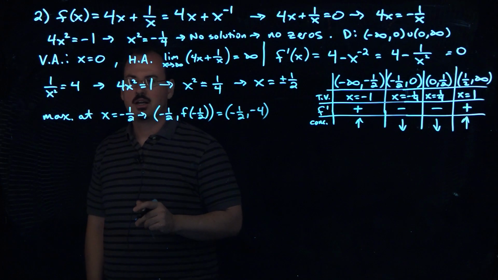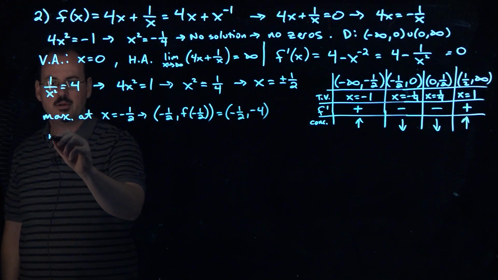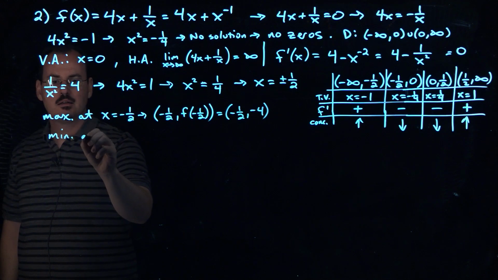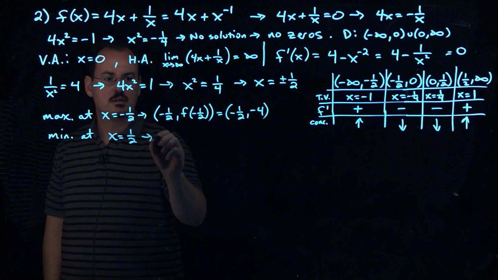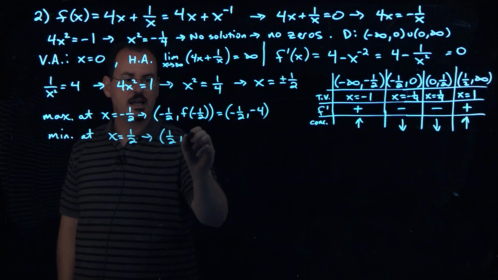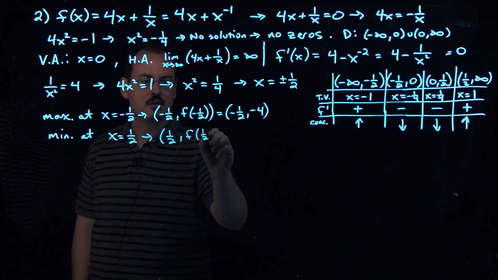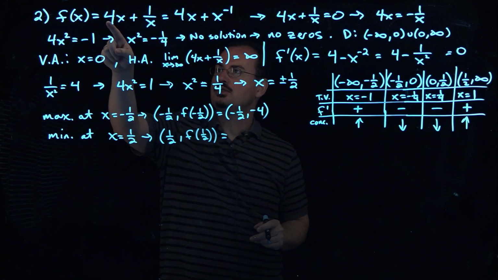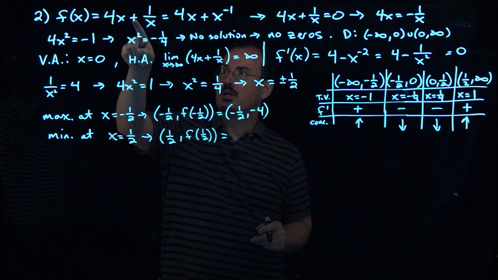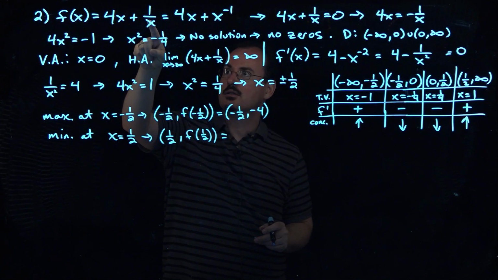Now I've got a minimum then at x equals +1/2. So I'm going to have 1/2, and then again f of 1/2. Now when I plug in 1/2 there, that's going to be 2 plus, and I'm going to have a +2 now.